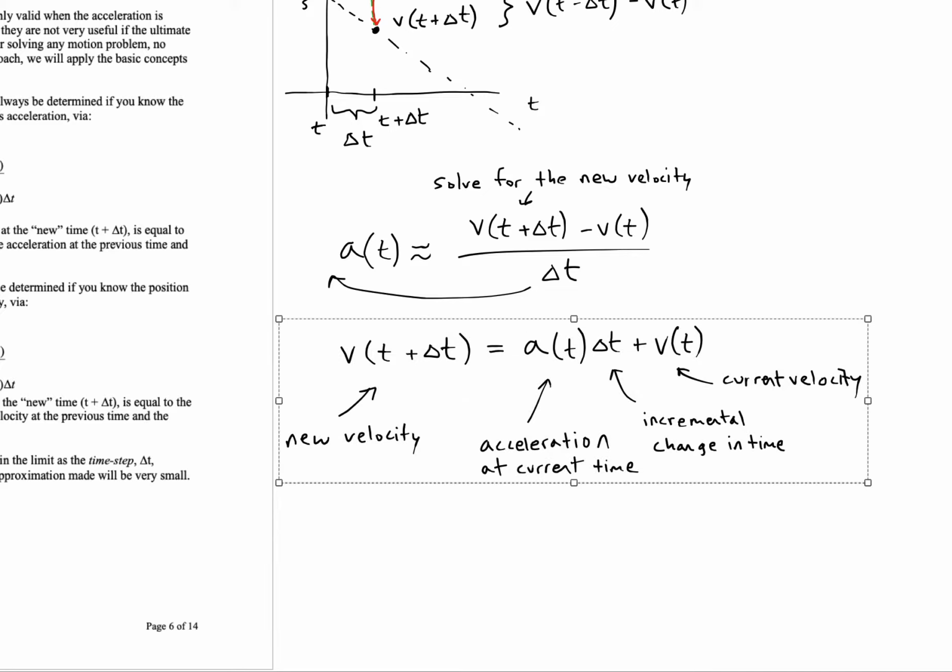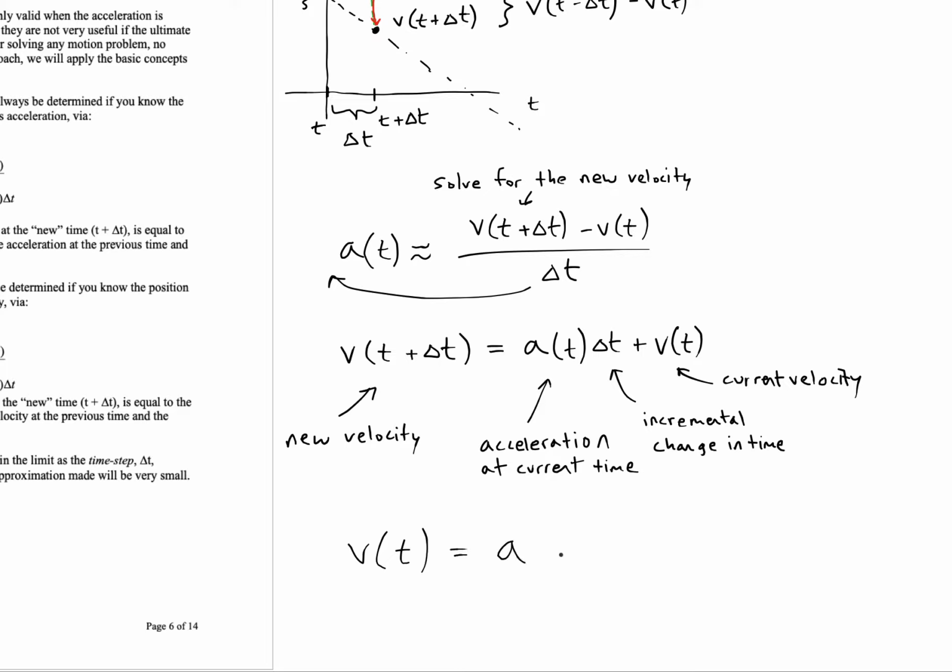Interestingly, you can write it like it is written there, but the way we're doing it in Excel is basically v of t equals a of t. But you know what? We could make a slight correction, which would be even better: a of t minus delta t times delta t plus v of t minus delta t.